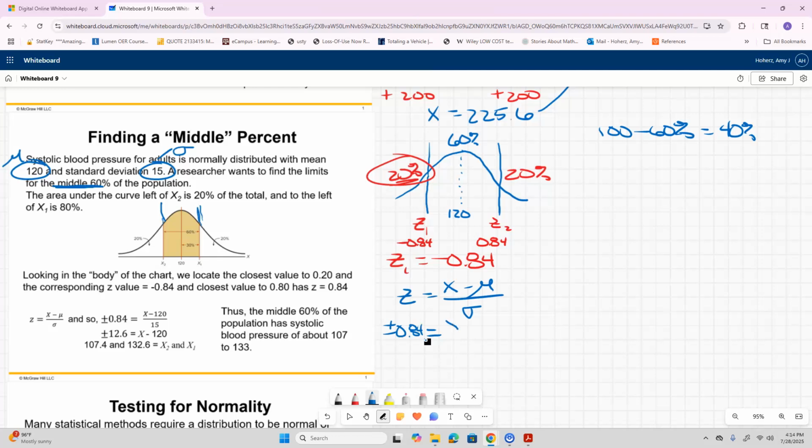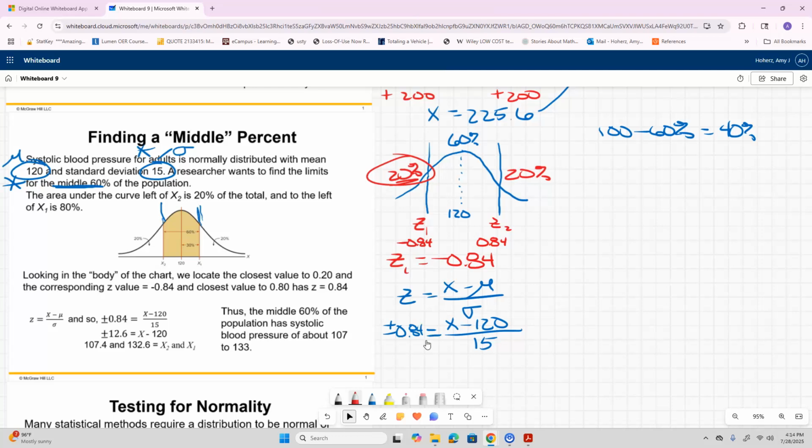We don't know our x, that's what we're trying to find. We know our mu is 120. It was given in the problem. And we know our sigma is 15. That was given in the problem also.